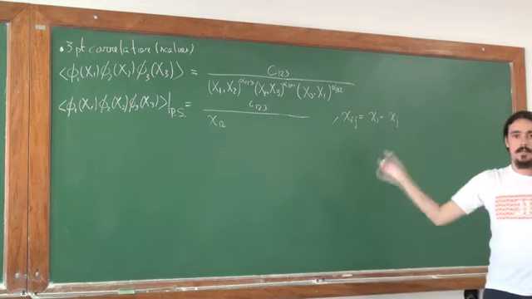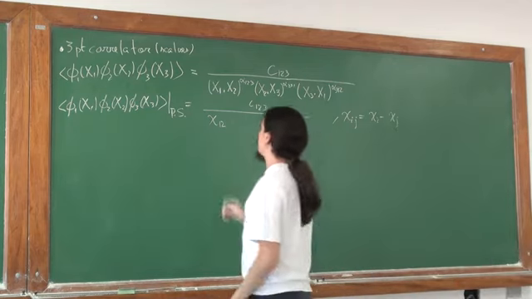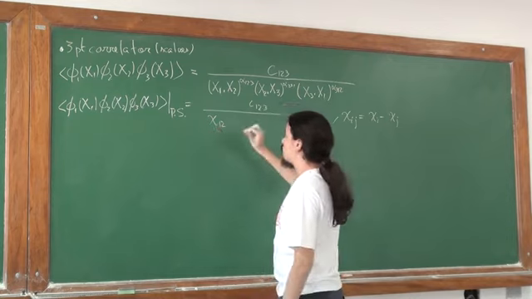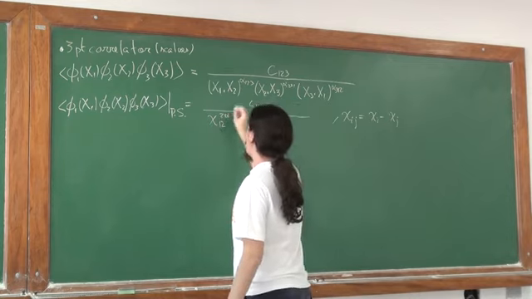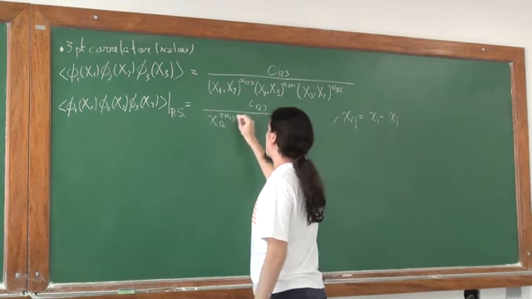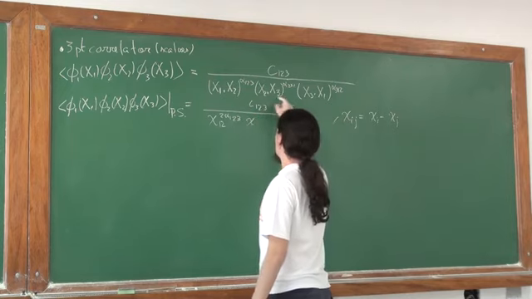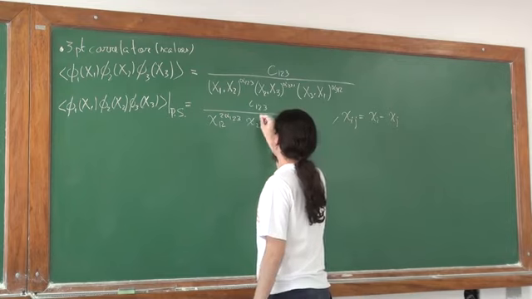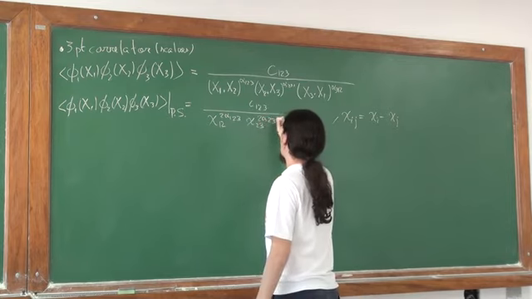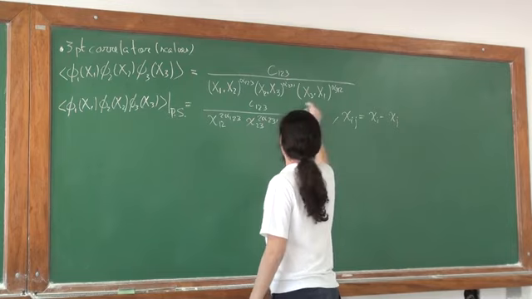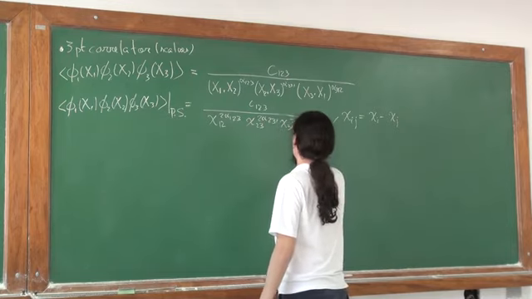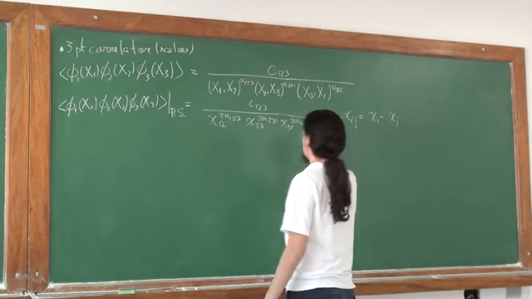Just a shorthand notation. So this scalar product will furnish x1, 2 squared to the alpha 1, 2, 3, x2, 3 squared to the alpha 2, 3, 1, and then x3, 1 squared to the alpha 3, 1, 2.